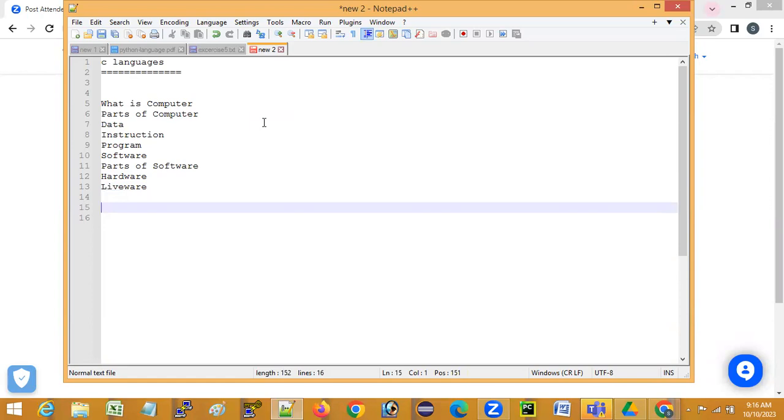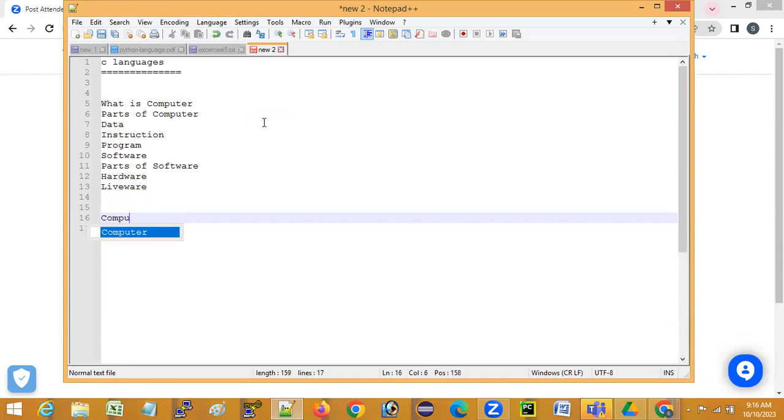Now, yes guys, you tell me, I think you are already aware of a computer, right? According to you, what is meant by a computer? We all know that the computer has a definition. What is that definition?